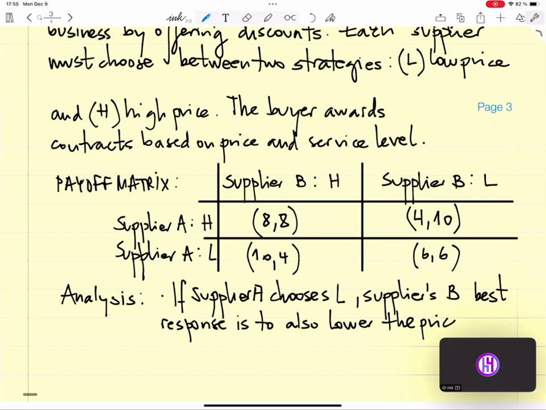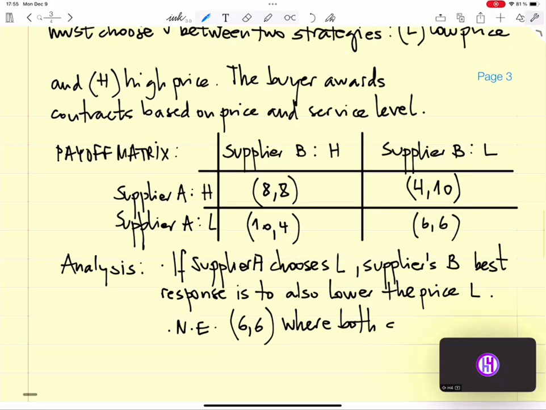Okay, L. So the Nash equilibrium is 6, 6, where both choose to lower the price, right?